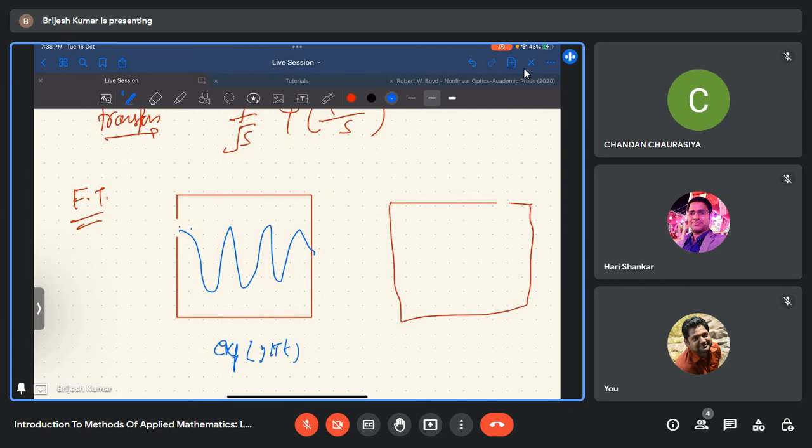For a different frequency, like exponential of j 4 pi t, the period will change.